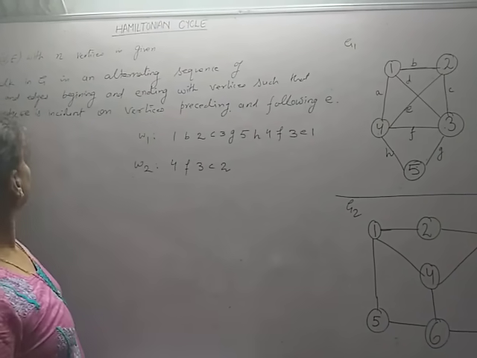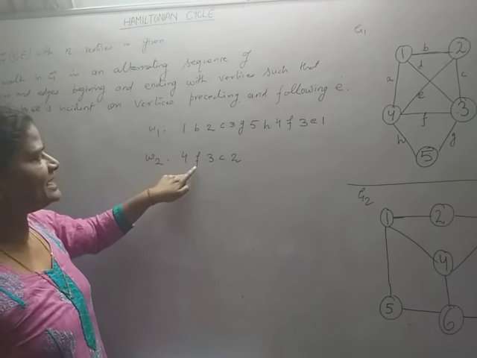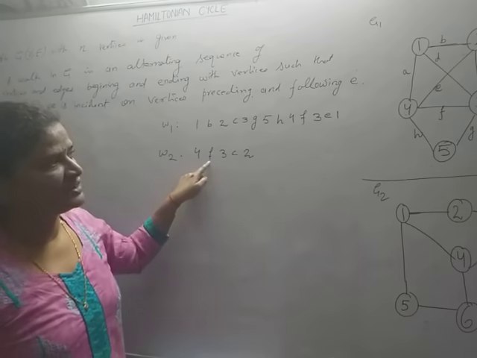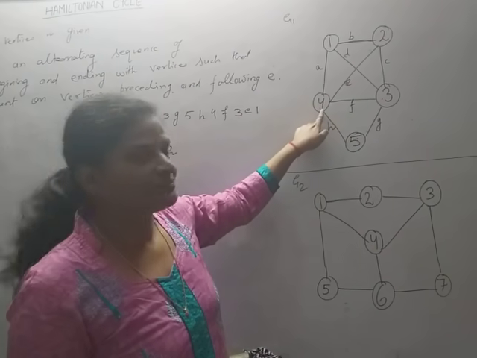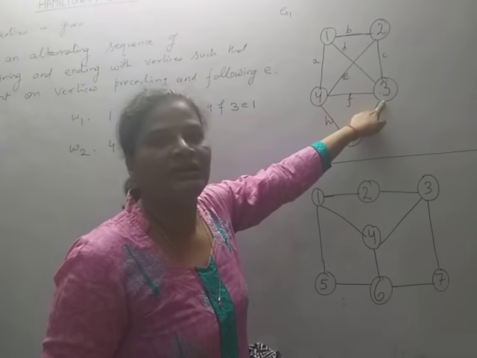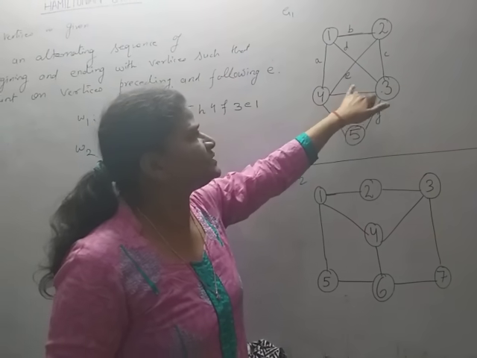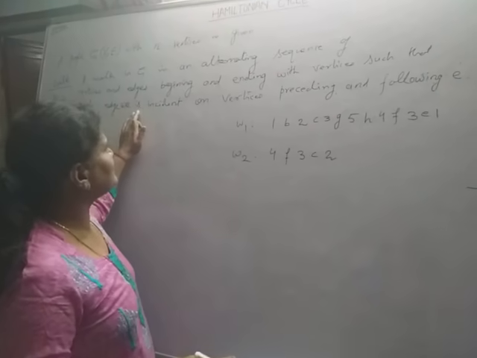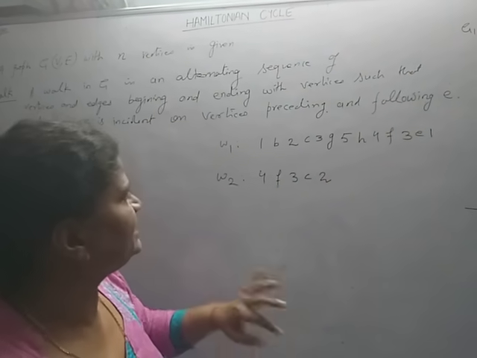The next point is that each edge is incident on vertices. Consider the edge F. F is an edge incident on the vertices preceding and following F, that is 4 and 3. That is, each edge E is incident on the vertices preceding and following E.